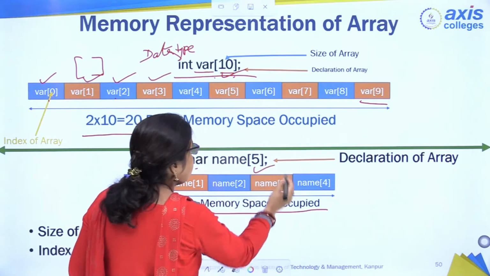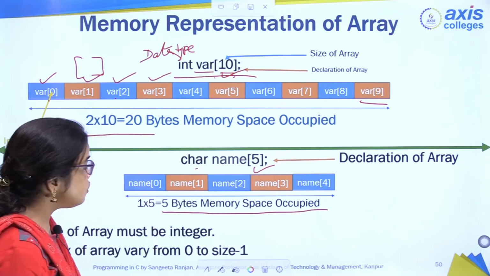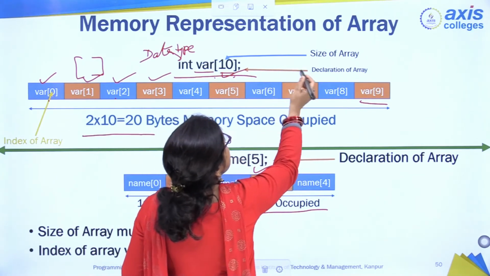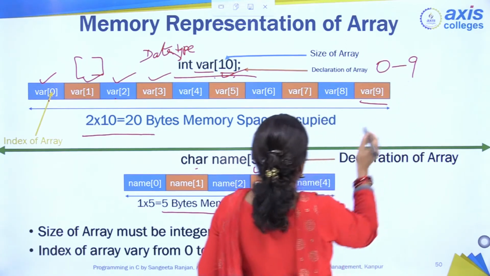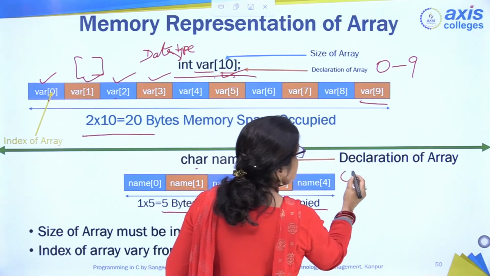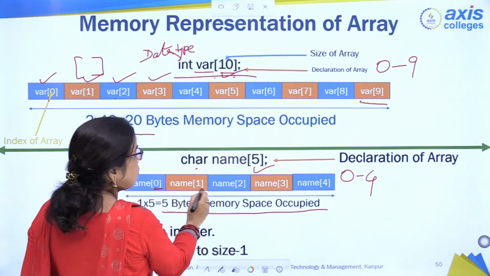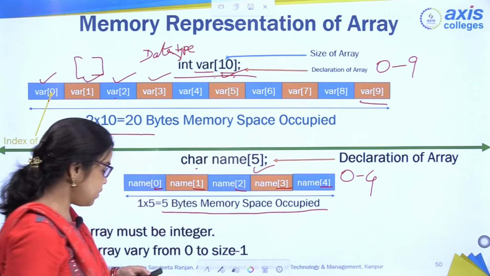Here we have taken 5, and the index of the array varies from 0 to size minus 1. For size 10, that is 0 to 9. Here the size is 5, so the index numbers are 0, 1, 2, 3 and 4.